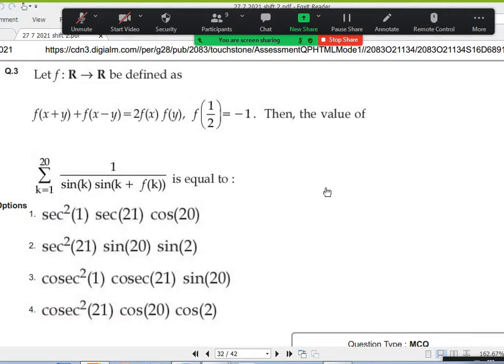Okay, third question. Let f from R to R be defined such that f of x plus y plus f of x minus y is equal to 2 f of x f of y, and f of 1 by 2 is minus 1.